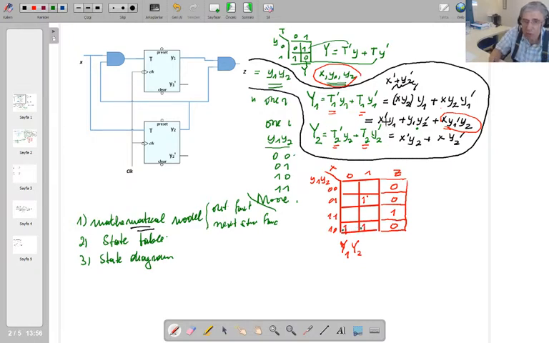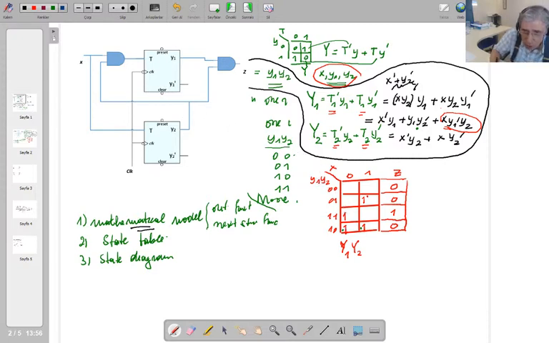What about this product term? This is x prime y1 1. X prime means 0. y1 1 is those two. So I'm going to put this. If you consider this two 1s, this two 1s is a first order subcube. Corresponding product term is this. So make it a different color now. Put a blue color.